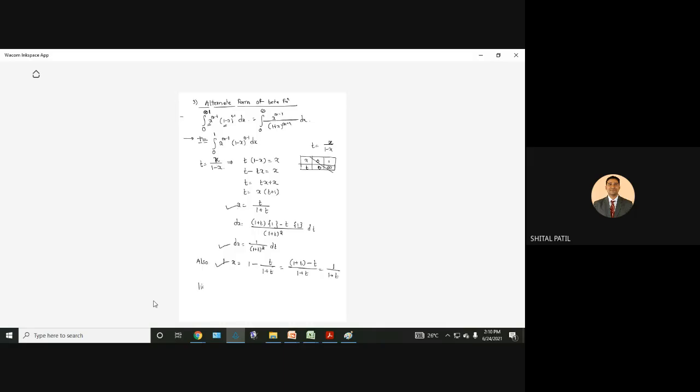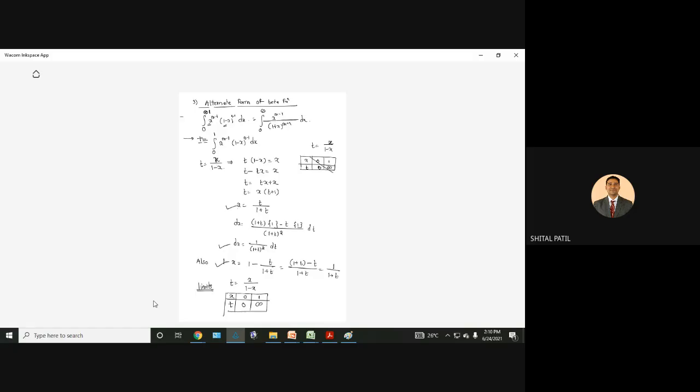Limits: t equal to, substitute x equal to 0. So 0 divided by 1, 0. And then 1 divided by 0, infinity.